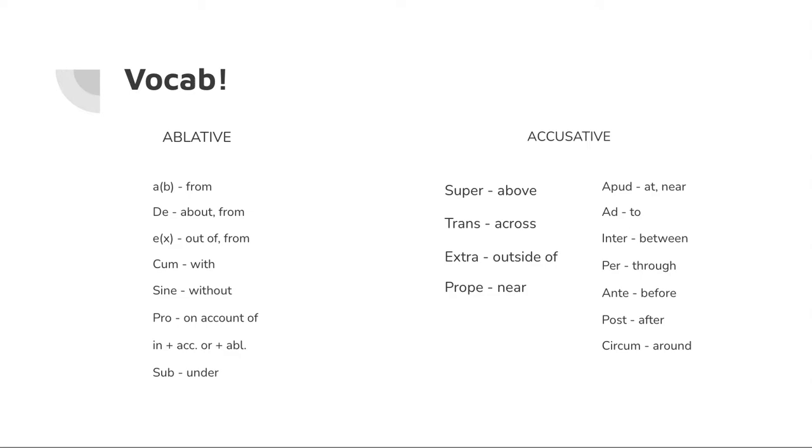Super, meaning above, trans, meaning across, extra, meaning outside of, prope, meaning near, opposite, at or near, ad, to, inter, between, per, through, ante, before, post, after, and circum, around, as well as in, meaning into. If in ever takes the accusative, it means into.